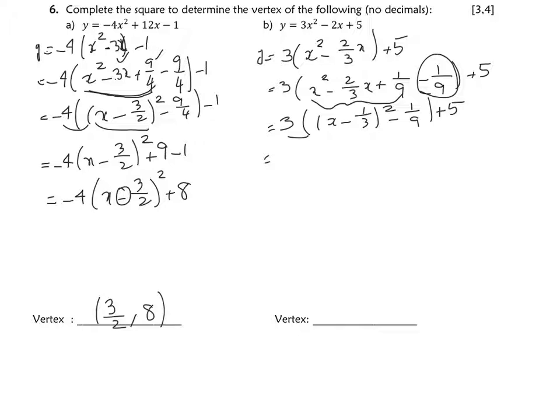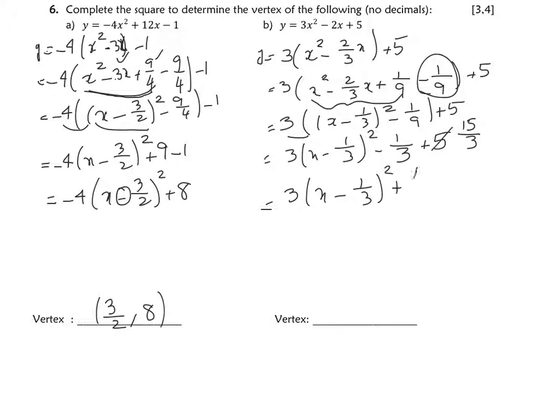If I expand this one, I get 3 times x minus 1 over 3 squared. 3 times negative 1 over 9 is negative 1 over 3, plus 5. 5 is the same as 15 over 3. So negative 1 over 3 plus 15 over 3 is 14 over 3. So this is 3 times x minus 1 over 3 squared plus 14 over 3. So again, the vertex becomes 1 over 3 and 14 over 3.